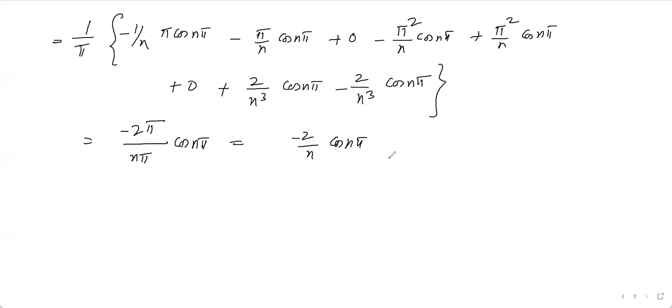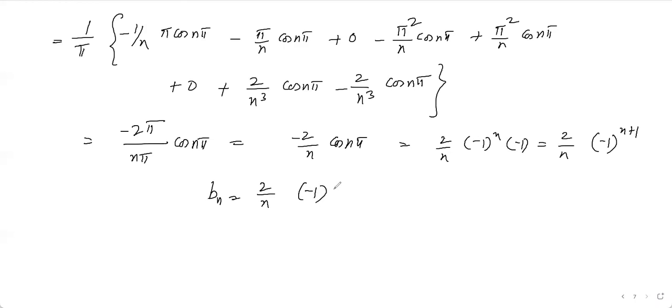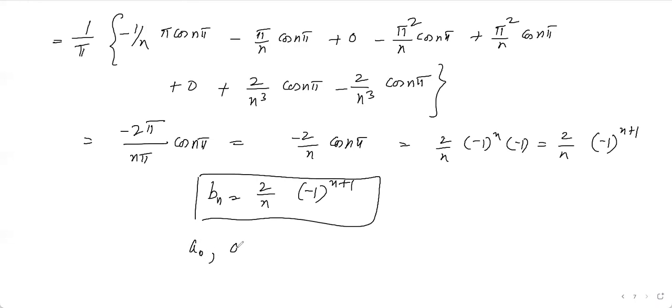So which is equal to, this 2 by n cos n pi is minus 1 to the power of n and minus 1, right, which is equal to 2 by n minus 1 to the power of n plus 1. So we got what is bn. Okay, 2 by n minus 1 to the power of n plus 1. Now we got a naught, an, and bn.